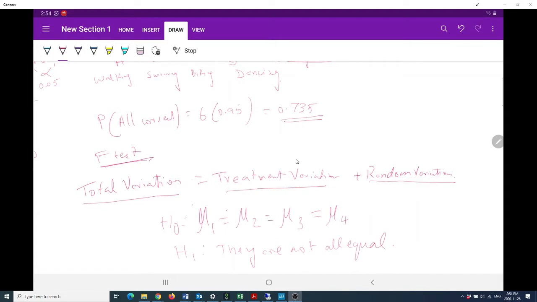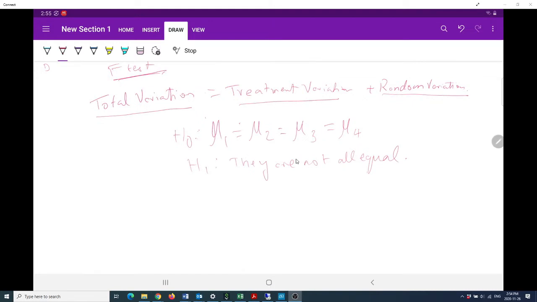This is typically the hypothesis for most F-tests when you're comparing multiple samples and trying to figure out whether their means are similar or dissimilar.